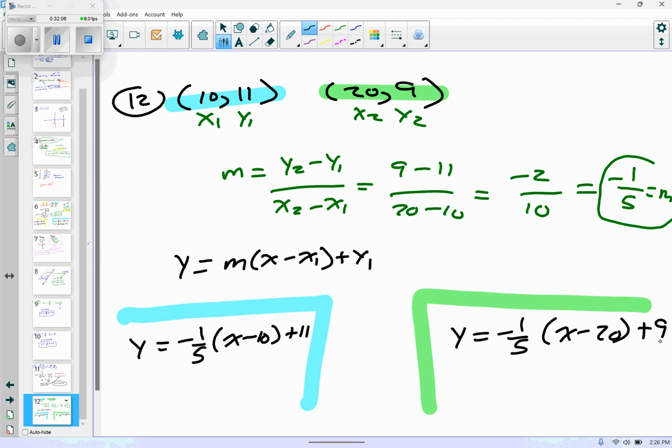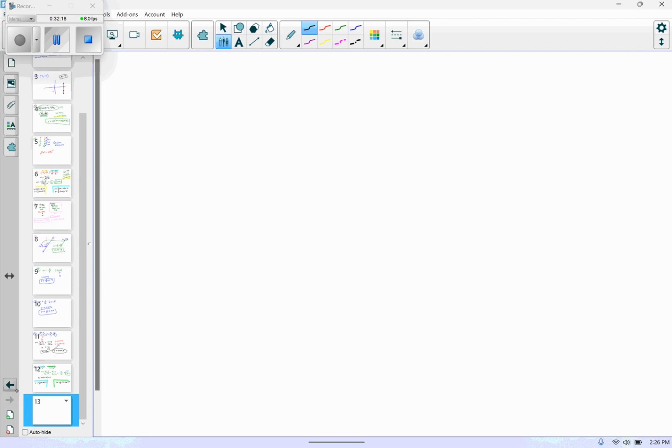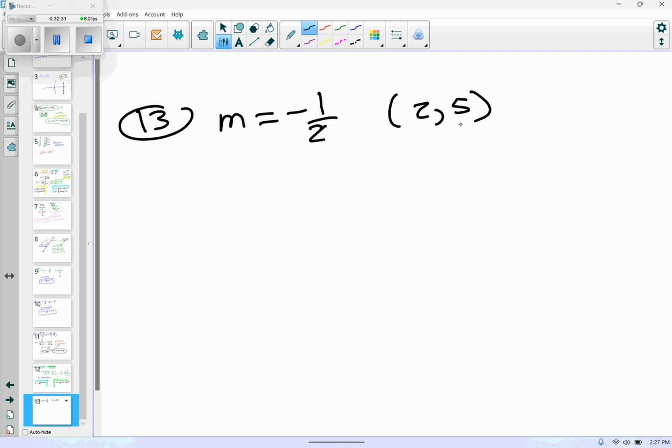Almost done. 13. I have a slope, and I have a point. Is that point that's given on number 13 the y-intercept? It is not. Why? How do we know for sure it's not the y-intercept? I don't have a 0 value at the x. Good. So I have the slope. B, I don't know.